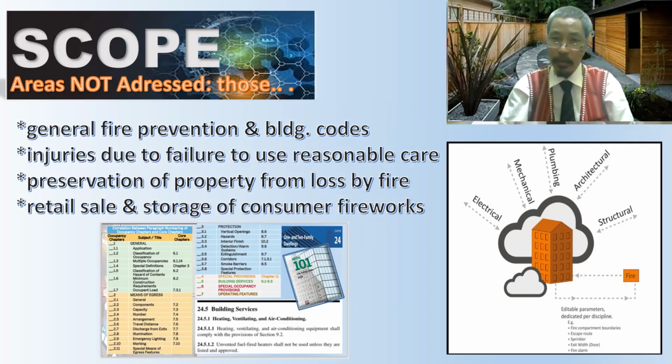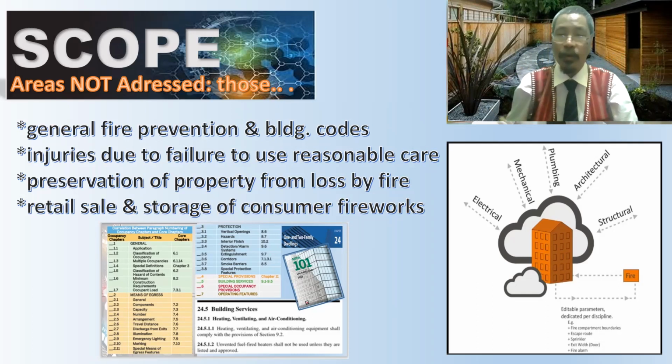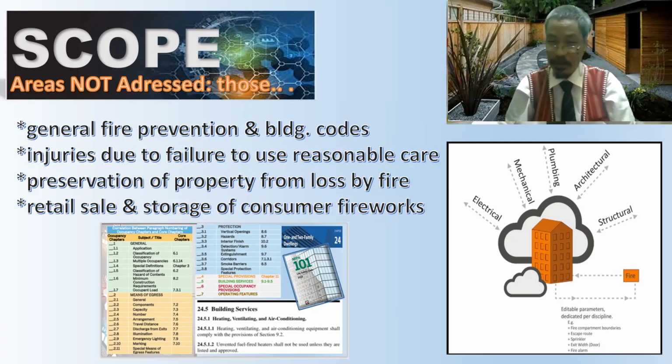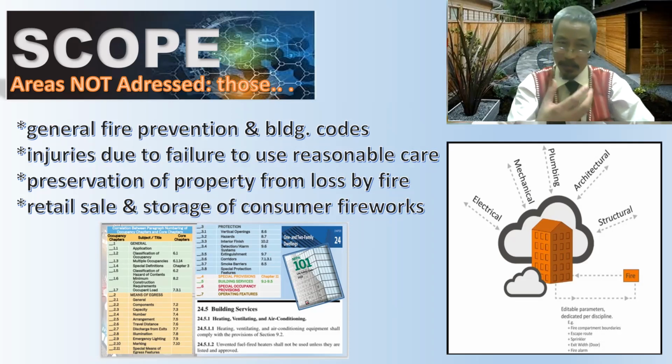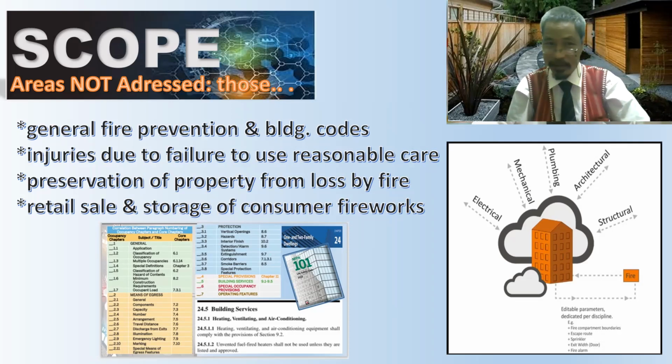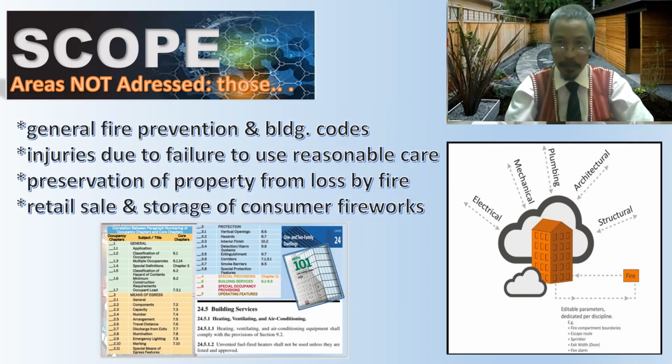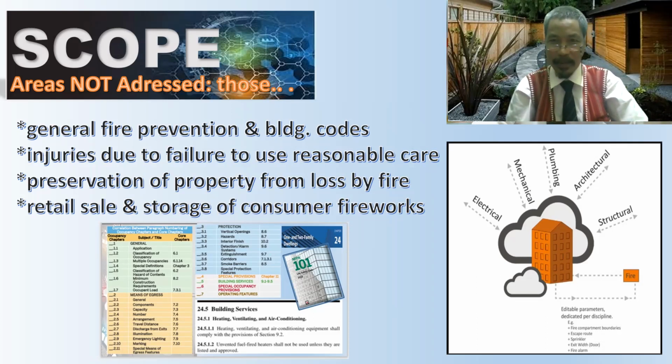the life safety code in a way also helps in the general fire prevention and building code compliance. It also helps to minimize injuries. It also helps to preserve property, by just complying with the minimum, although it is not responsible for those areas, because there are specific codes.